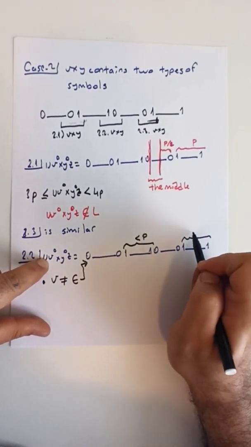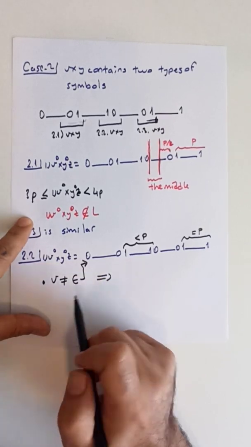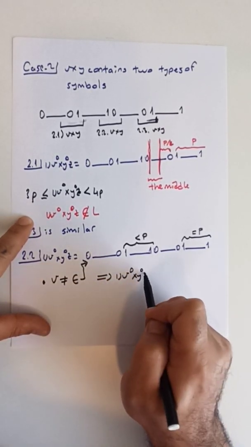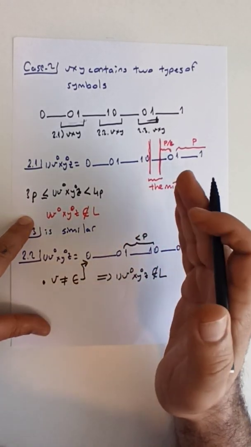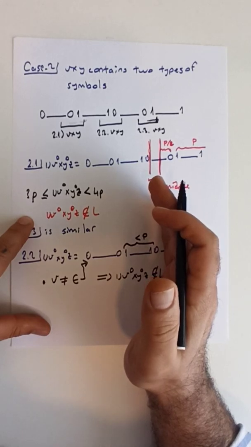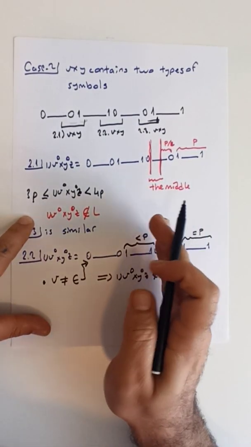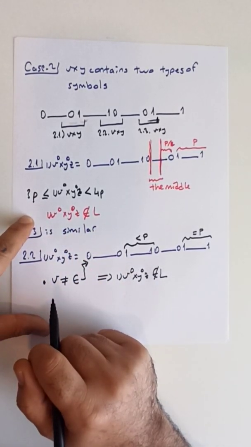So this is still equal to p. This implies that in this case, uv^0xy^0z will not belong to the language, because if we cut the string into two halves, in the right half we will have p many ones, whereas in the left half we will have less than p many ones.